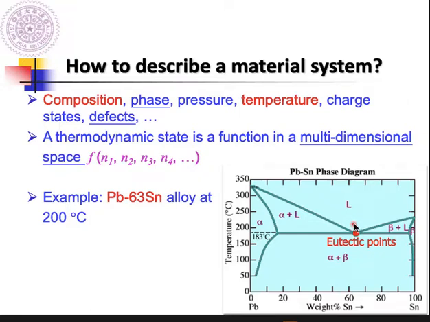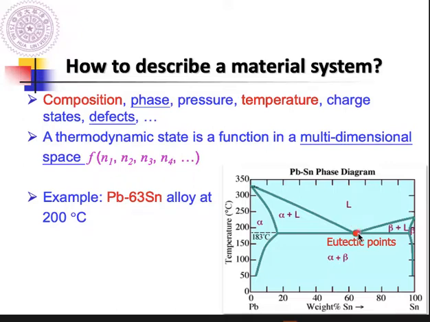For example, lead with 33% of tin at 200 degrees C, probably here. Can you describe it well? Yes, probably you will say, it's the temperature here, the composition here, and the phase is the liquid phase. And you also describe the pressure, probably 1 atm, something like that.